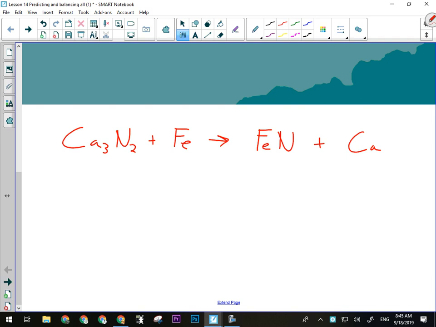Single replacement. So if I'm going to balance this, what we've been doing is putting the big numbers in front of everything. If I'm looking at this right now, I would probably want to put a 2 here in order to balance my nitrogens. When I do that, what am I saying? There's 2 of those molecules.